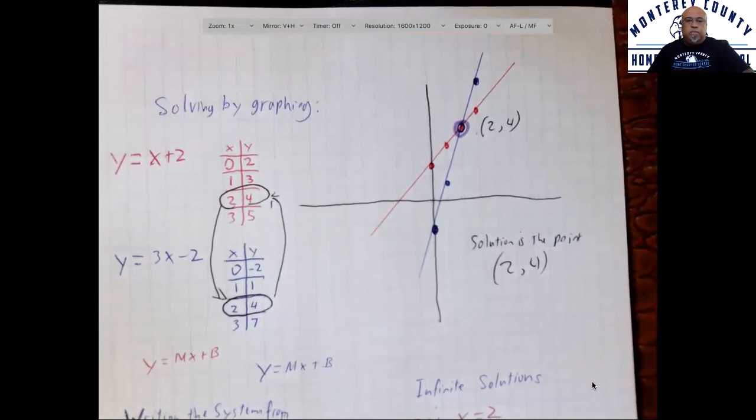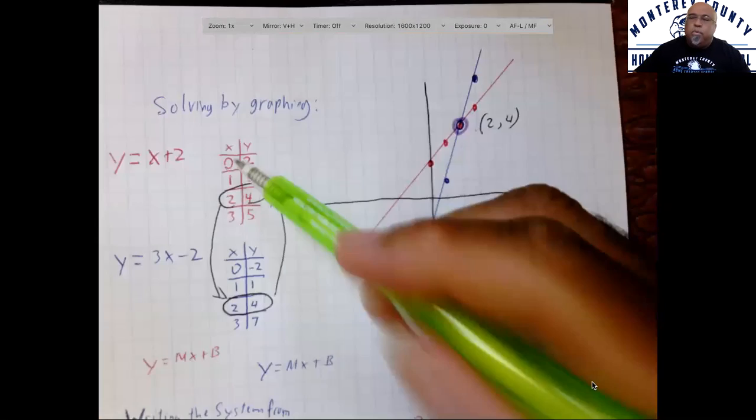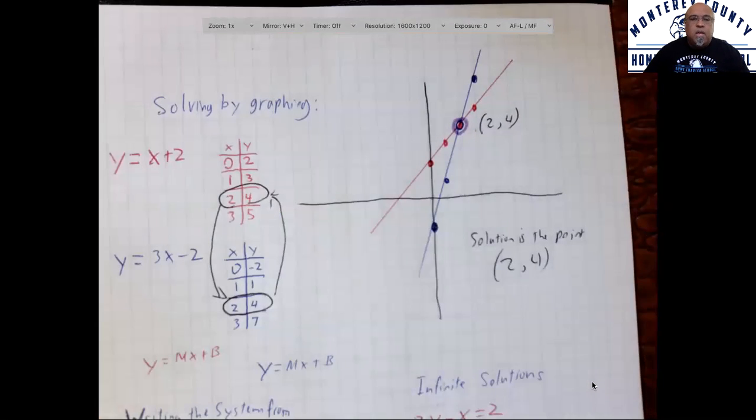So to solve the system by graphing, you pick whatever method you choose to graph. Now remember, if you know that's a linear equation, you only need 2 points. I'm talking wrong. Let me say it again. You only need 2 points to graph a line.